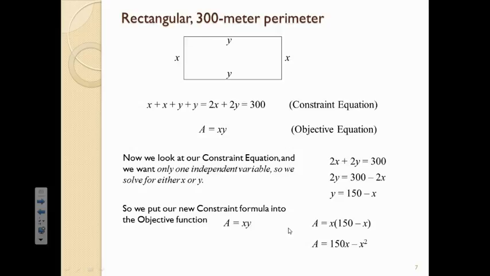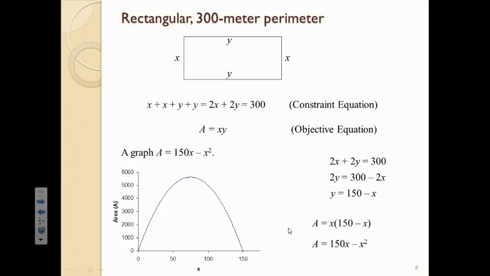And the next thing we're going to do is find this function when our area is maximized. So we want to find the relative maximum of this equation. Now, we can graph this as we wish. And a graph would look something like this.